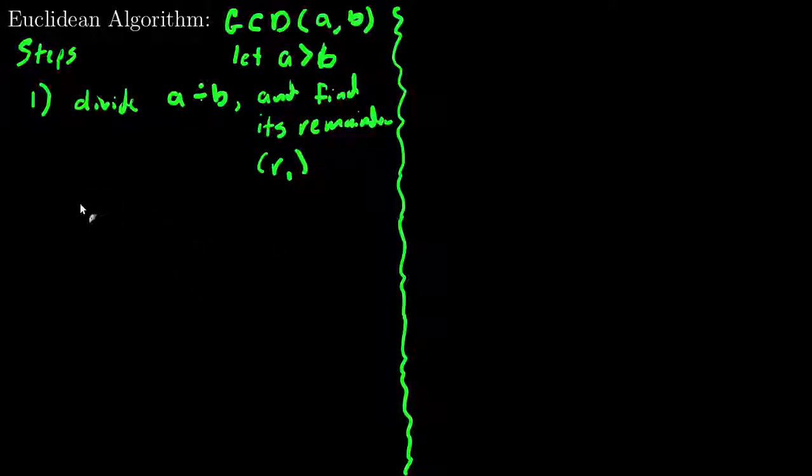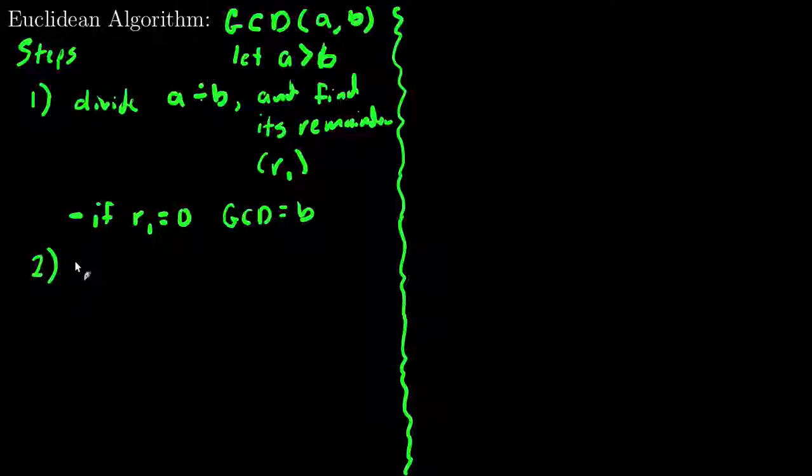Now, I'm not going to put this in this step, but if R1 is 0, then b is the greatest common divisor. I guess I can write that down. So if R1 equals 0, the greatest common divisor is equal to b. If not, we continue.